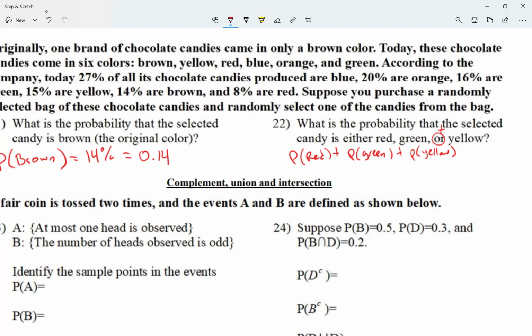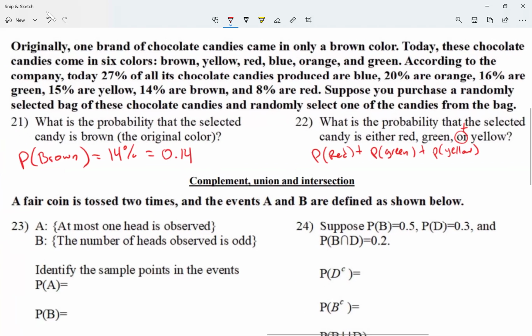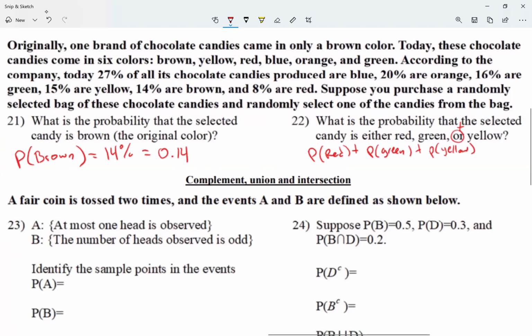Okay, what's the probability that we get red? According to my instructions here, 8%. What's the probability that we get green? 16%. What's the probability that we get yellow? 15%, right? I look for that in my instructions.